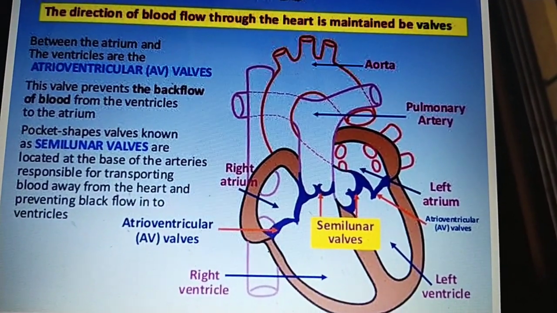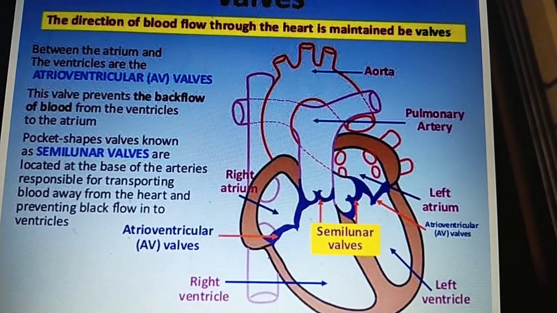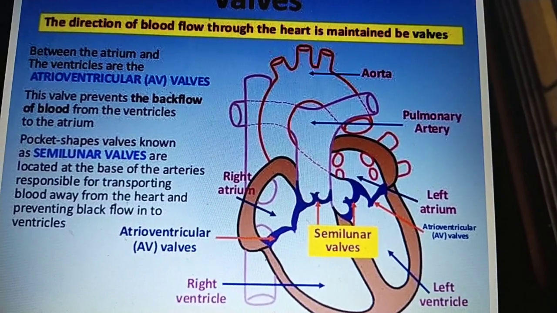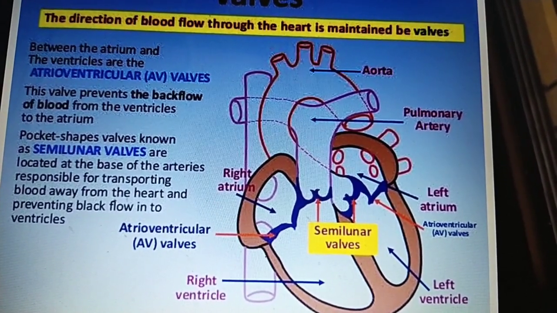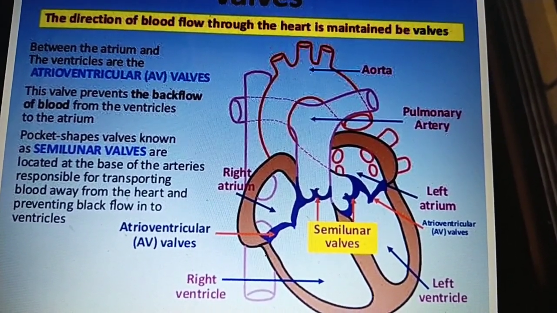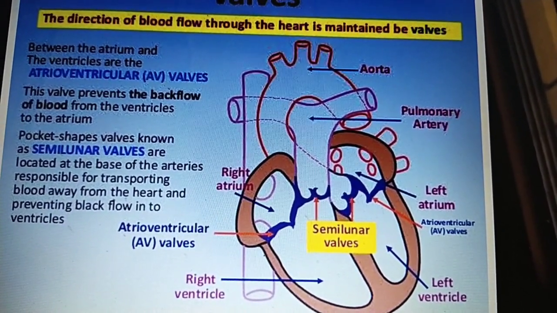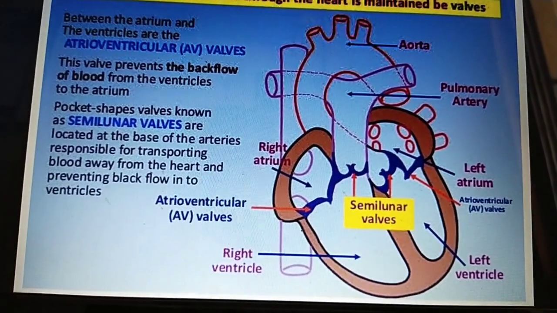The name itself denotes it. The atrioventricular valves prevent the backflow of blood from the ventricles to the atria.